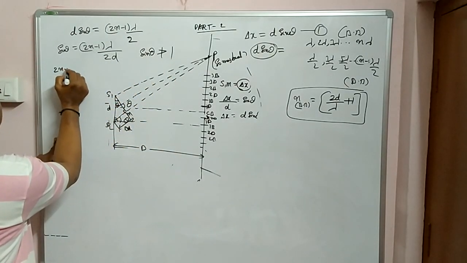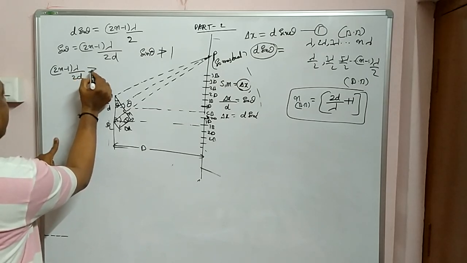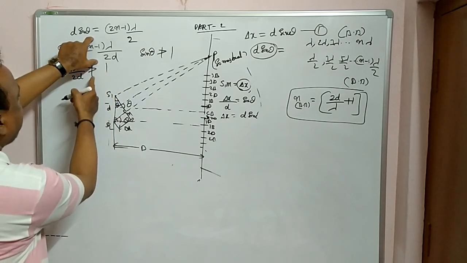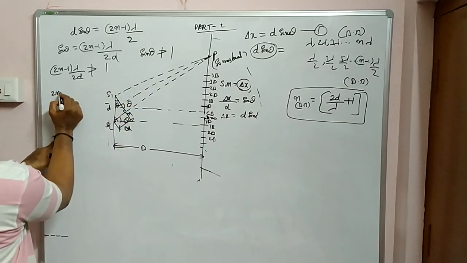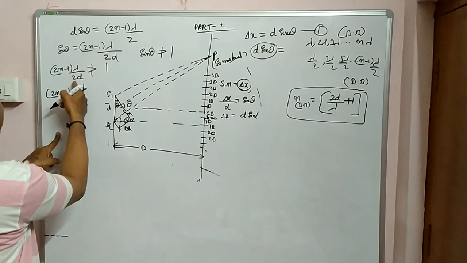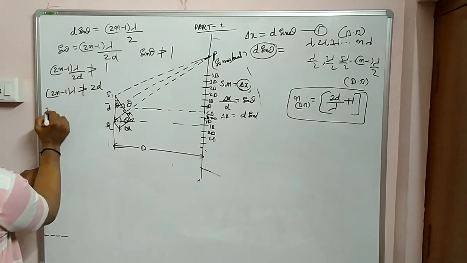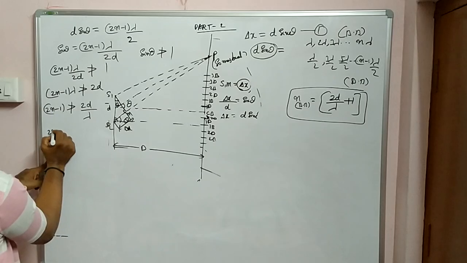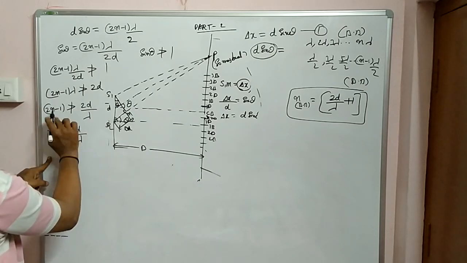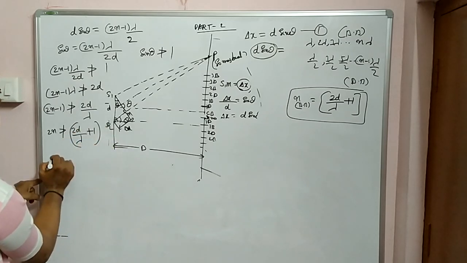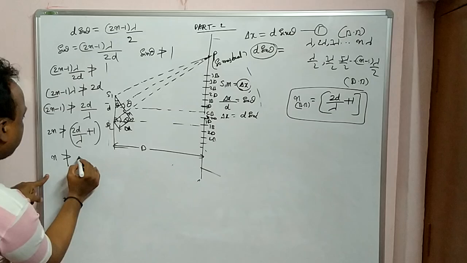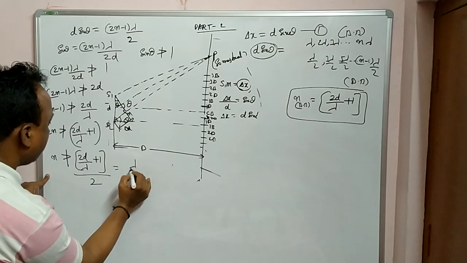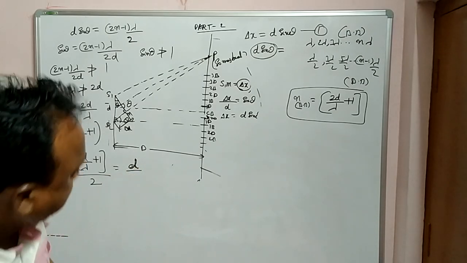So put it here: 2n minus 1 into lambda by 2d cannot be greater than 1. Or 2n minus 1 into lambda cannot be greater than 2d, or 2n minus 1 cannot be greater than 2d by lambda, or 2n cannot be greater than 2d by lambda plus 1, or n cannot be greater than 2d by lambda plus 1 divided by 2, that is d by lambda plus 1 by 2.